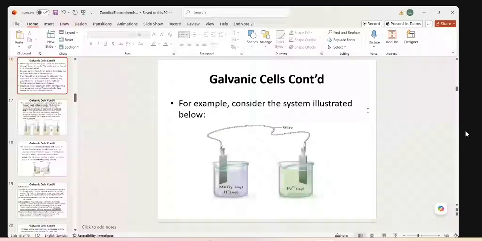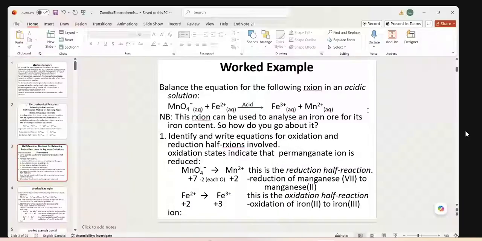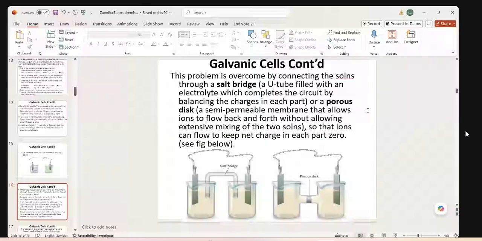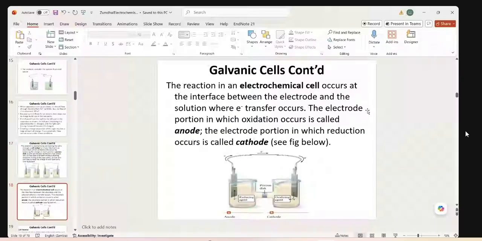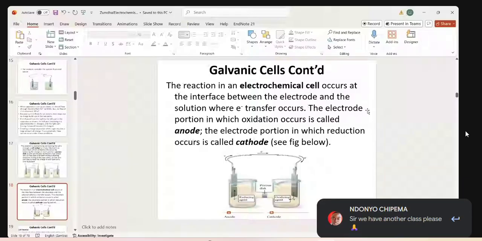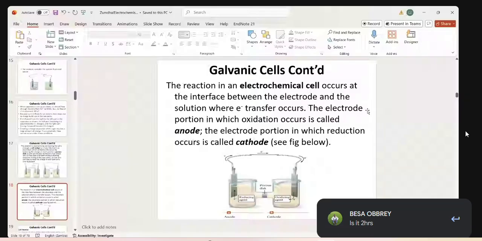Okay, now where do we get these reduction potentials? Of course, we have them on the standard table, but how did they get these reduction potentials for each element? So what they did was they constructed a galvanic cell, and then they went on the periodic table. Now, remember the reactivity series in grade 12?